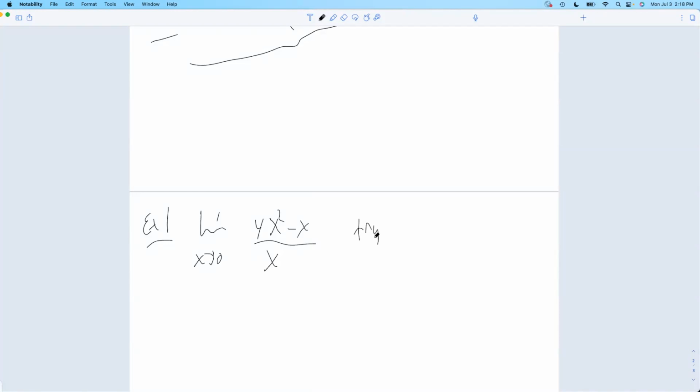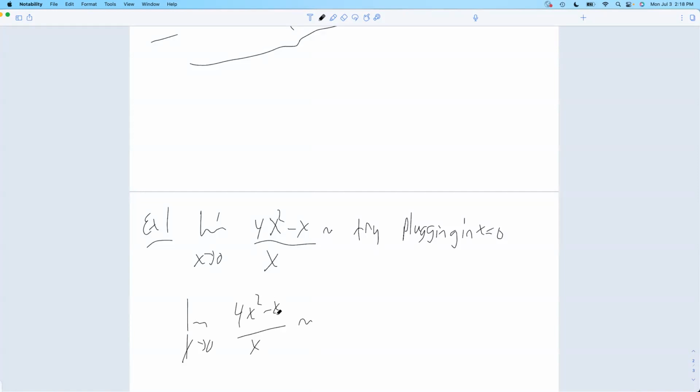So try plugging in x equals 0. See what happens. So I like to say here, I'm going to put a little limit as x approaches 0 of 4x squared minus x over x will go like, that's a little tilde there.